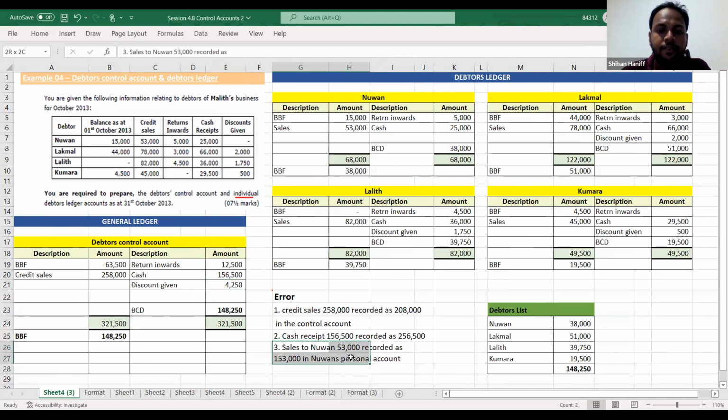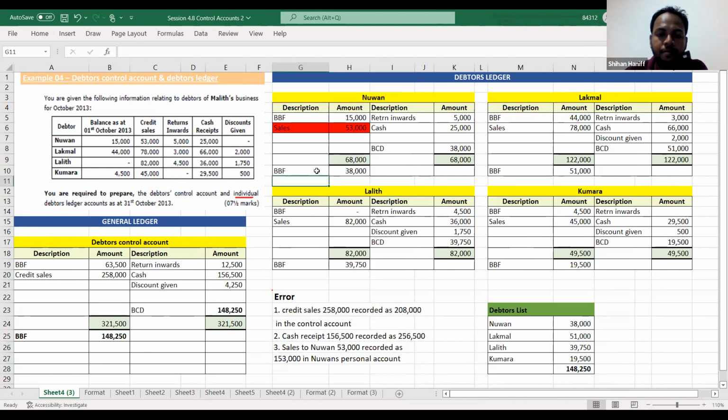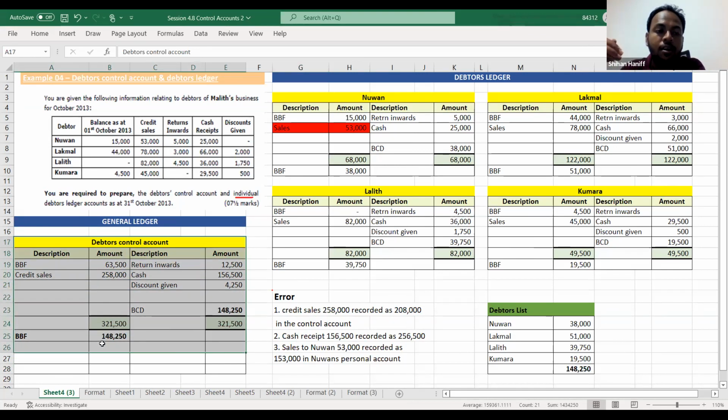Then what happens? It won't affect the control account. So if it is not affecting the control account, we don't touch the control account. So this has to be corrected in the debtors ledger.